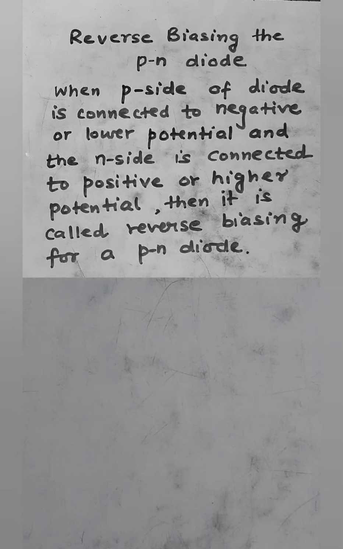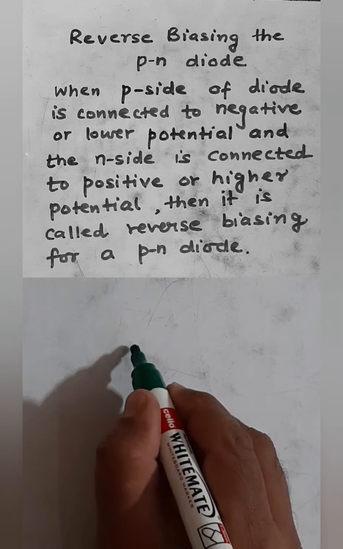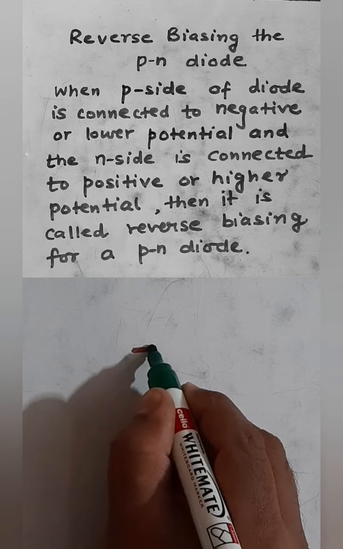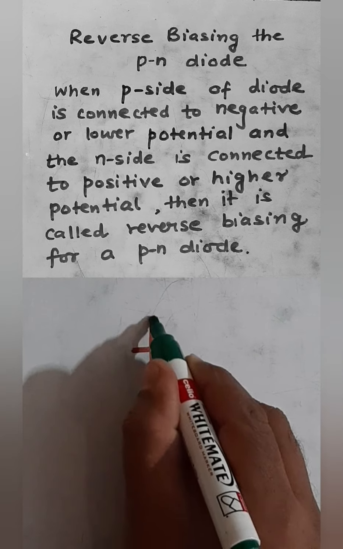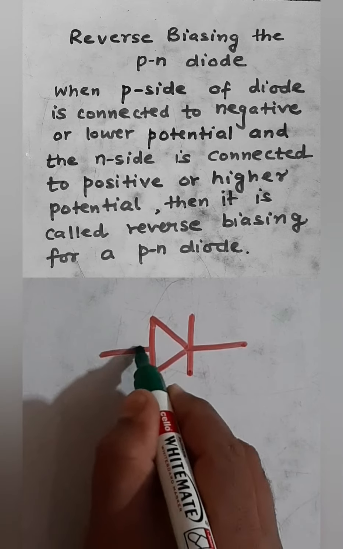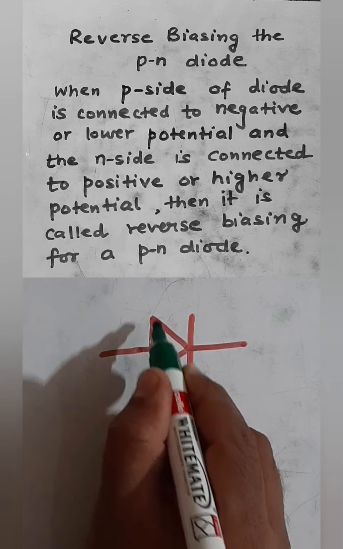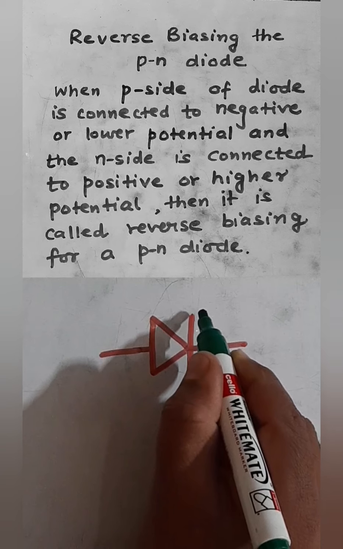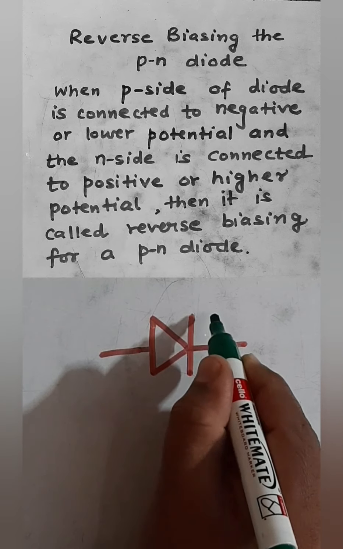Okay, so you can see that reverse biasing is when the P side of the diode is connected to a negative or lower potential, and the N side is connected to positive or higher potential, then it is called reverse bias for a PN diode. So we can draw the circuit diagram like this. First of all, we will draw the diode. So you can see that this triangle is called the P side, and this straight bar is called the N side.